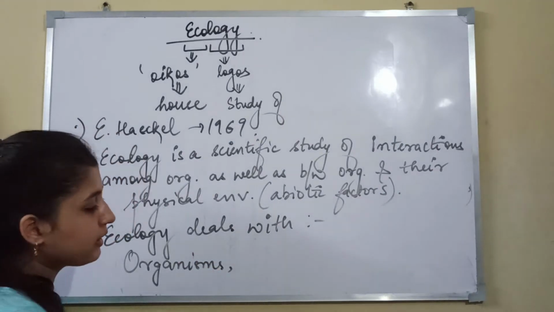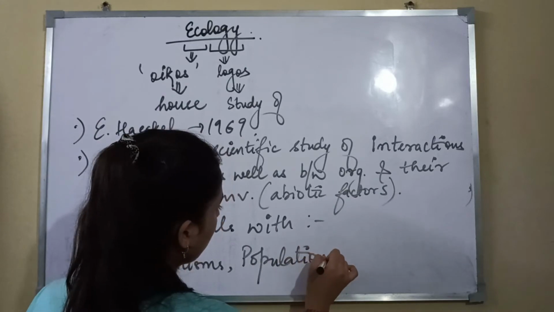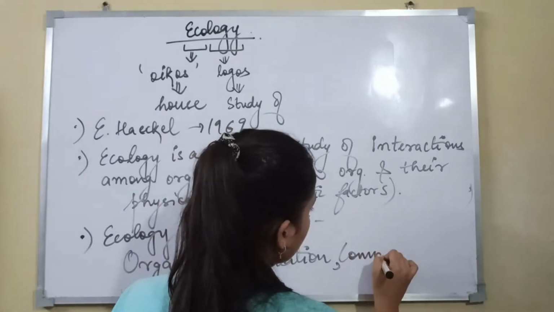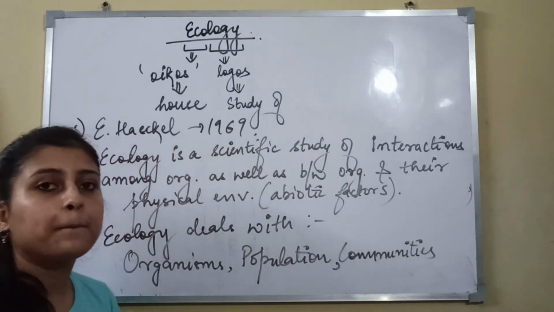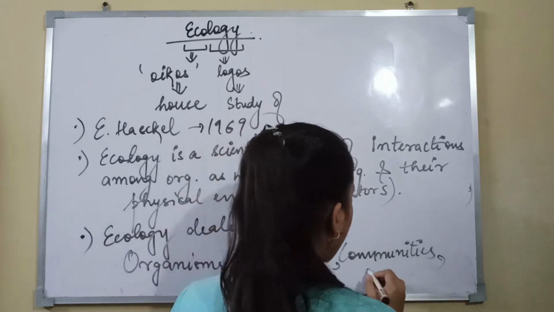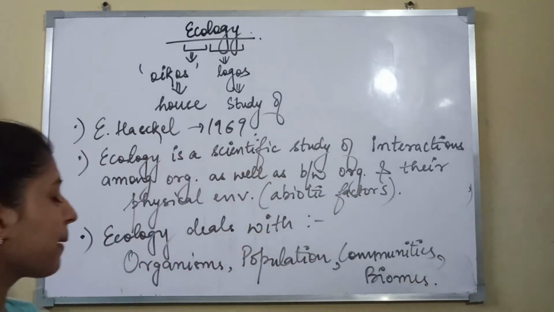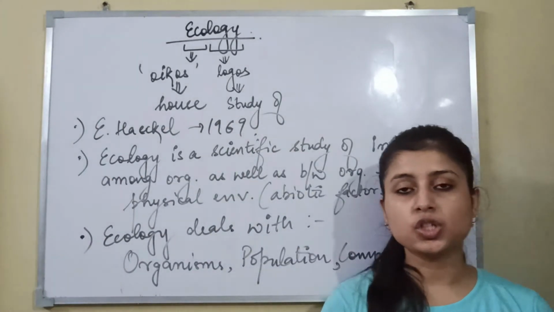Then a group of organisms forms a population, so the population level. Then a group of populations forms communities, so the community level, and a group of communities gives rise to biomes. So these are the four basic stages which we usually deal with in ecology.